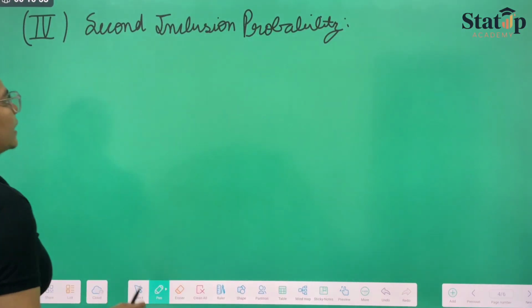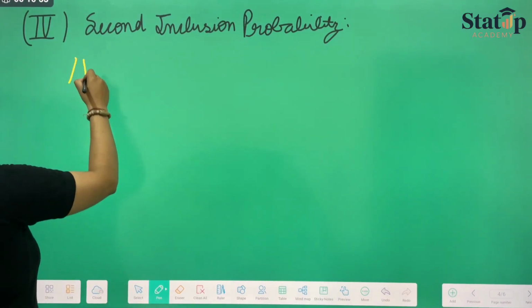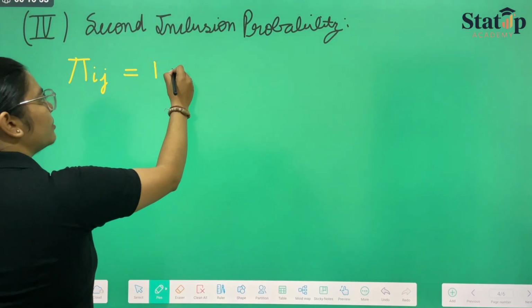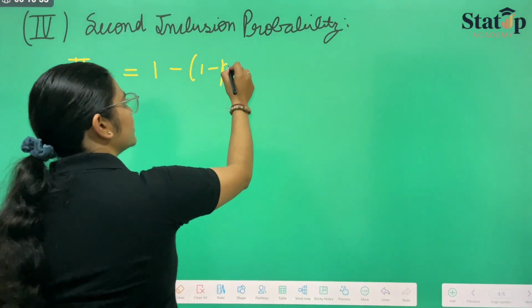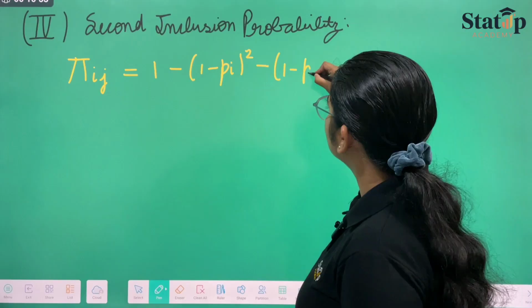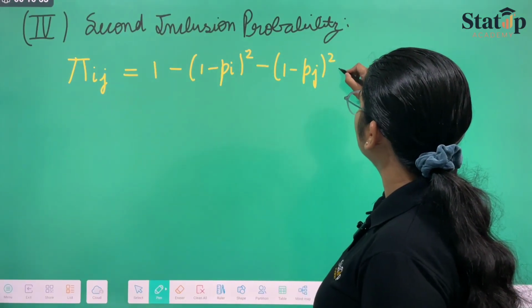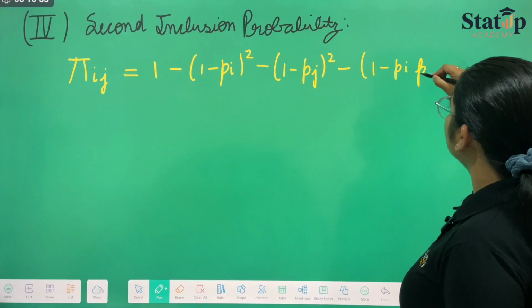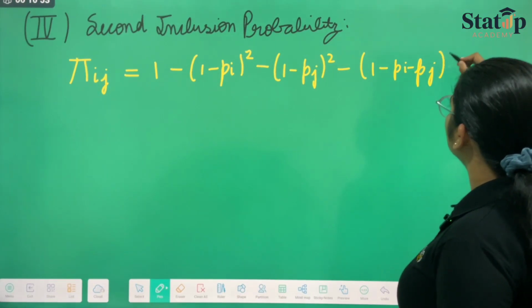The second inclusion probability has the formula πij equals 1 minus (1 minus pi) whole square, minus (1 minus pj) whole square, minus (1 minus pi minus pj) whole square.